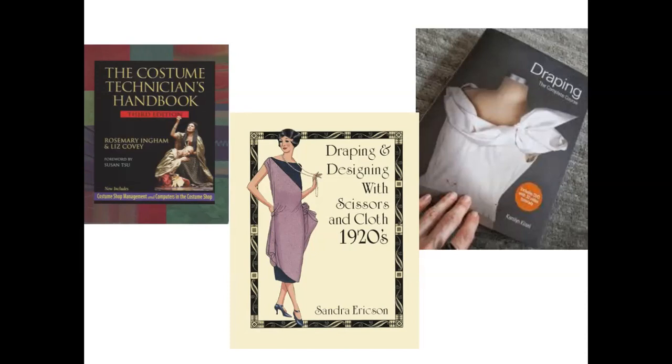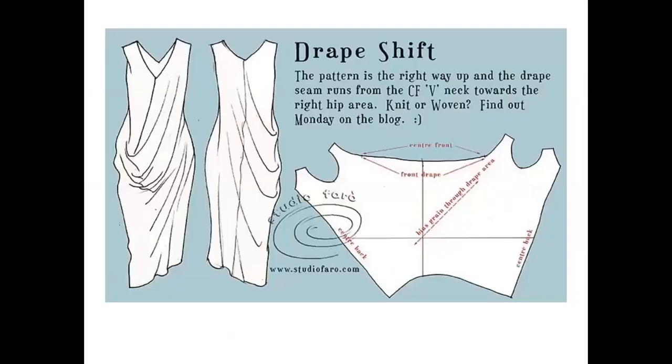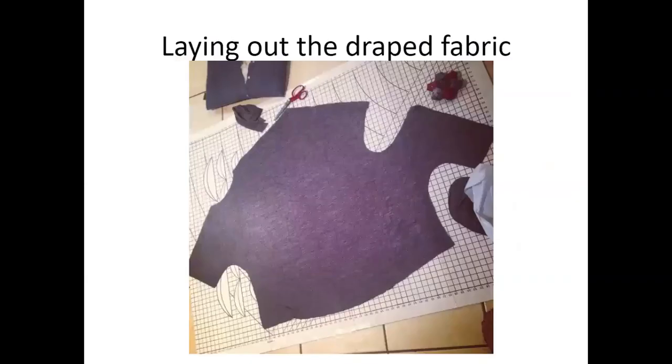So there are some books out there that you can learn that from. So you drape a garment, but then you have to make a pattern for it. Because generally speaking, we don't drape in the final fabric, which we call the fashion fabric. We drape in something that is similar. More often than not, when we make that first mock-up of the garment, we mock up what it's going to be.